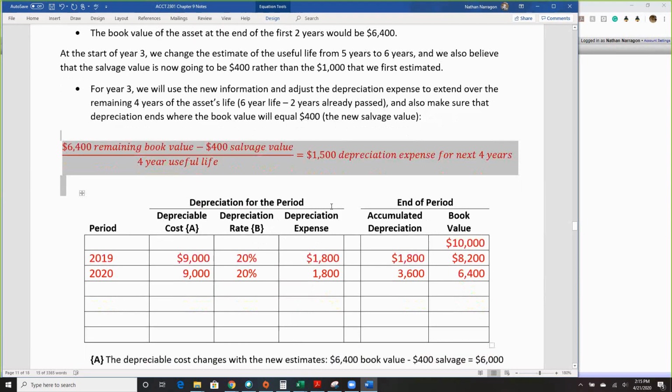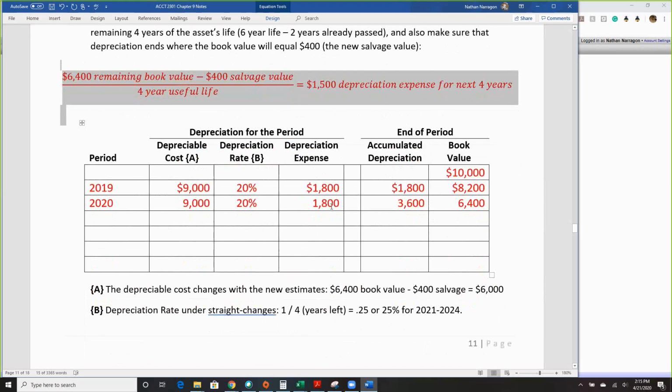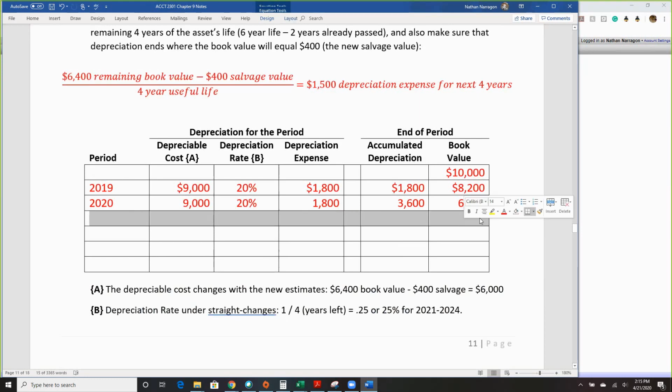Okay. So in our chart, in our amortization, again, year 2 has happened. Year 3 has a new change, a new estimate. So depreciable cost, $6,000, times our depreciable rate, which is 25%, basically 1 divided by 4, gives us $1,500.